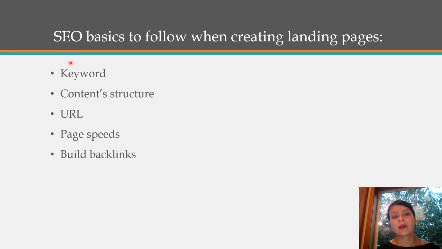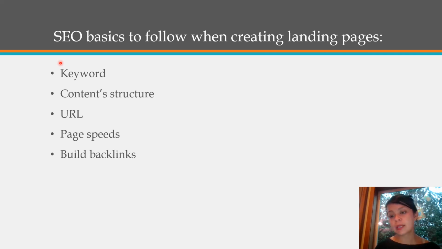All right, so there are, of course, SEO basics to follow when creating landing pages. In last class, we looked at some SEO principles, right? So this class, we're going to look at them again in the context of landing pages. A lot of it is going to be review, really. But it doesn't hurt to keep repeating these, so eventually it becomes ingrained in our minds over the next month.